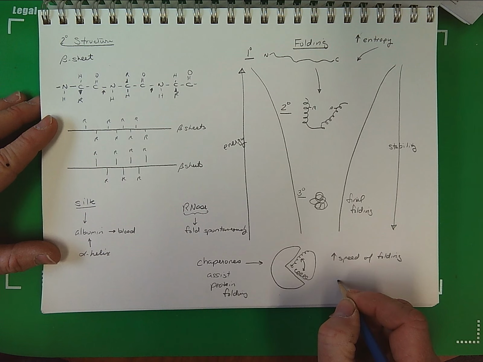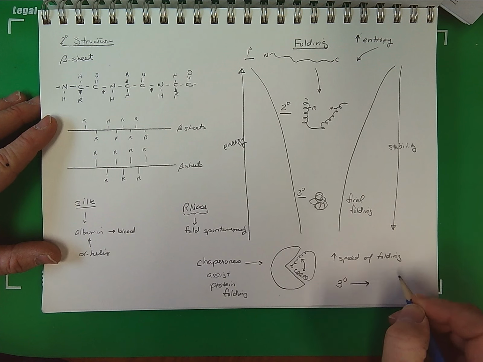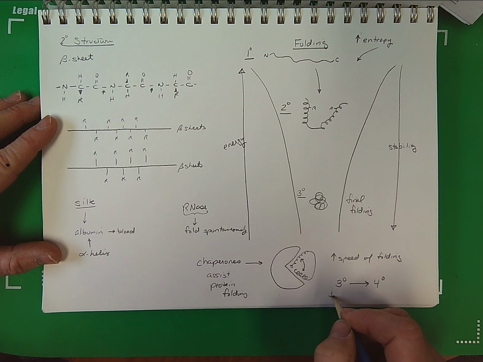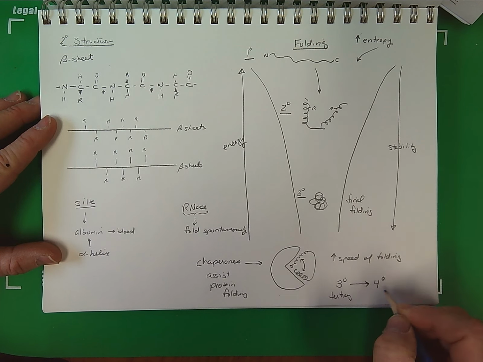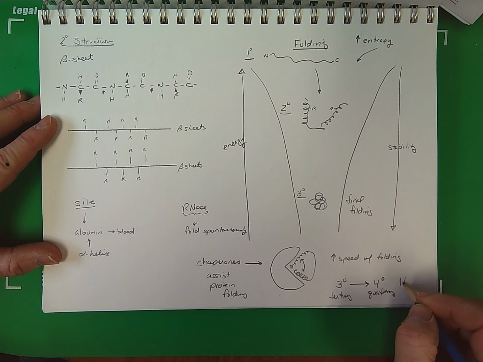Now, the final information that we will examine even further later is tertiary to quaternary folding. The best example is hemoglobin.